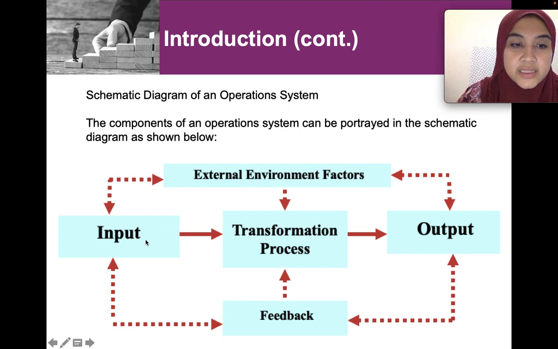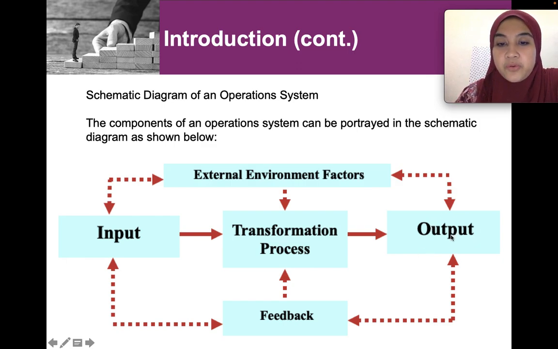So we start with input. Then the input is transformed in the transformation process, whether you want to cook, bake, cut, slice, or anything. We call it the transformation process. Then it is sent to the output, which is the end product.